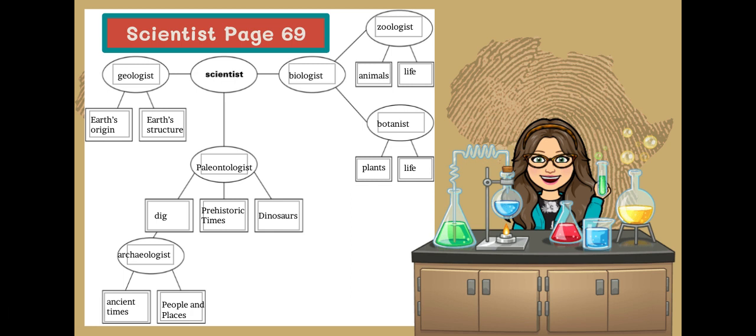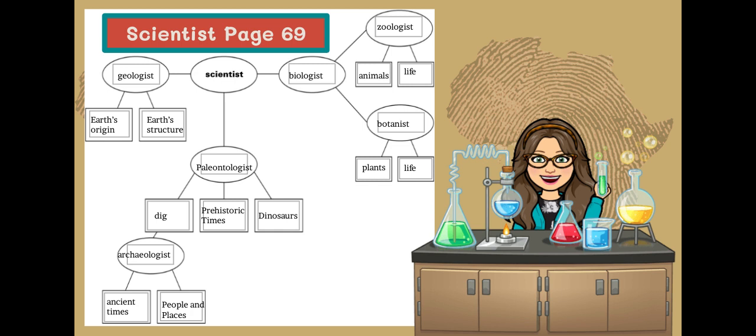If you had come across the words botanist, zoologist, biologist, paleontologist, geologist, or archaeologist in isolation, you may not have made any connections between the words. This semantic map helps us make connections and understand how words are related to things we already know.